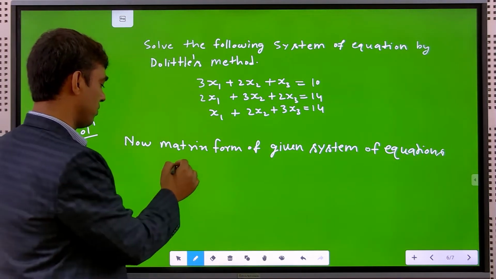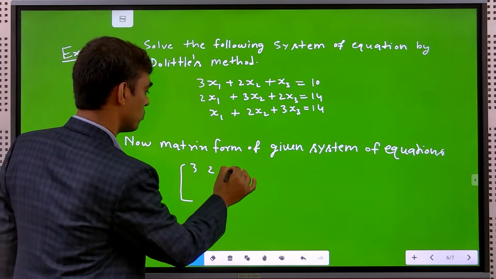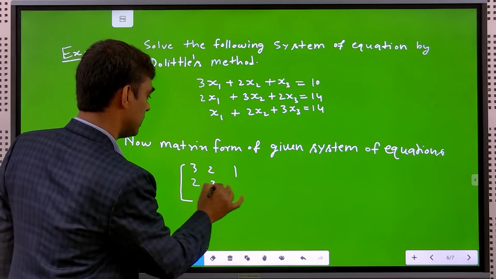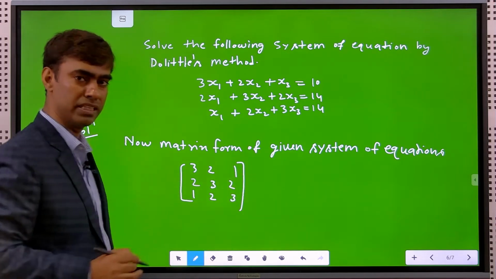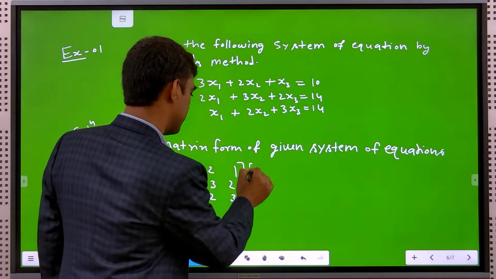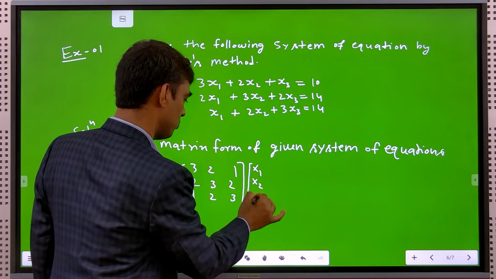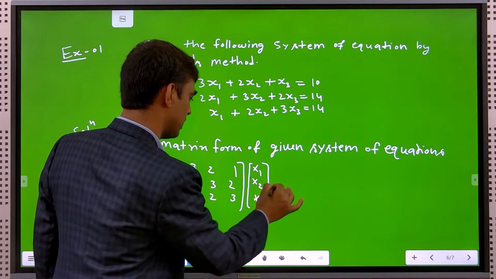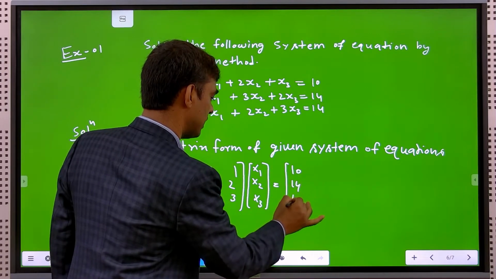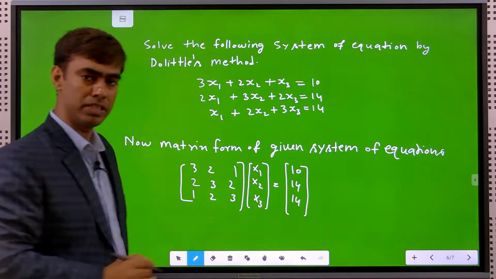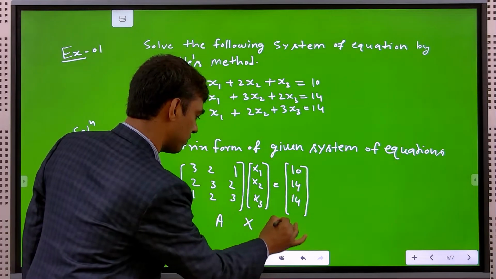Here we write matrix A as 3, 2, 1, 2, 3, 2, 1, 2, 3. This is matrix A, and here we write the unknowns. How many unknowns? Three unknowns: x1, x2 and x3. This equals B. What are the values of B? 10, 14 and 40. Now, we assume that this is A, this is X, and this is B.